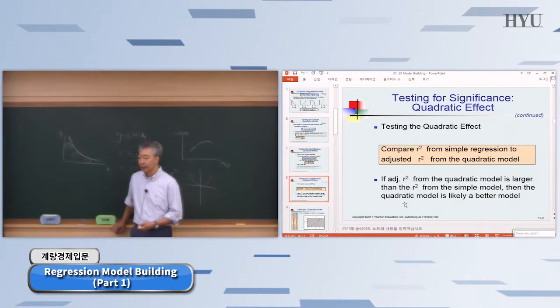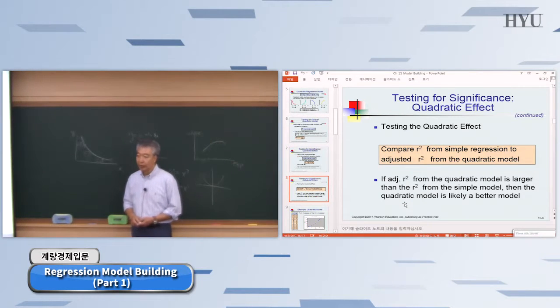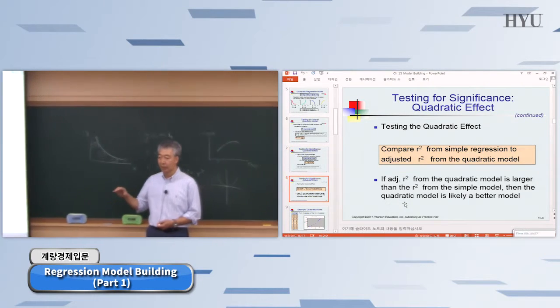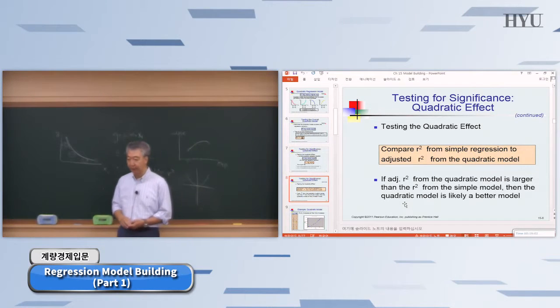Mechanically, mathematically, R square will increase by just having more and more independent variables. So adjusted R square is designed to compensate for this problem, compensate the size of R square considering the number of independent variables, to avoid the overfitting temptation.